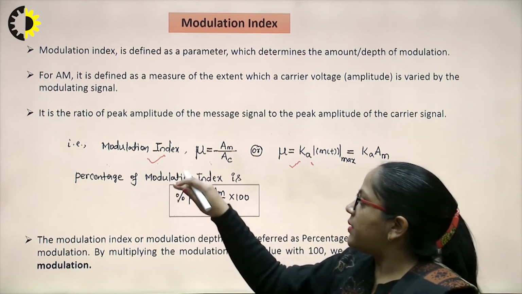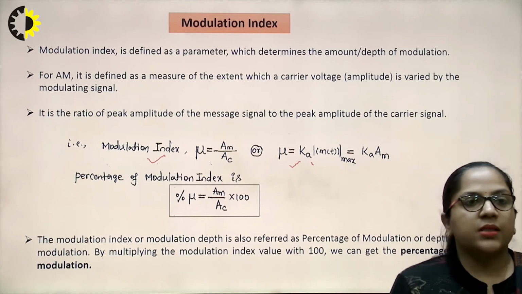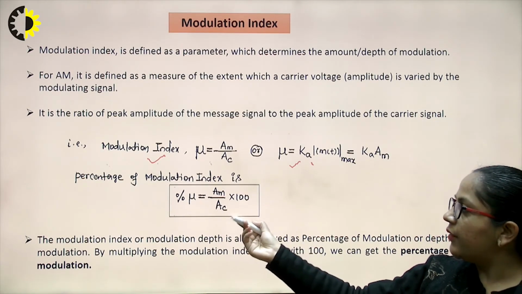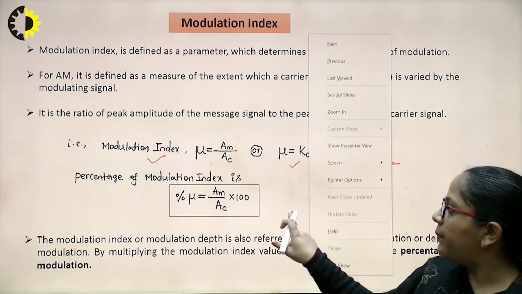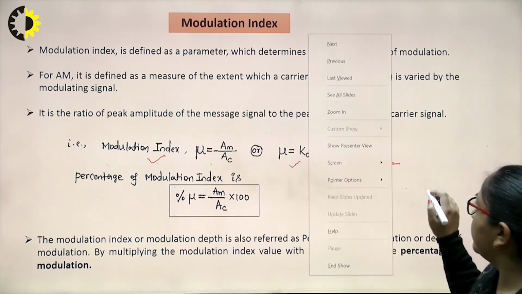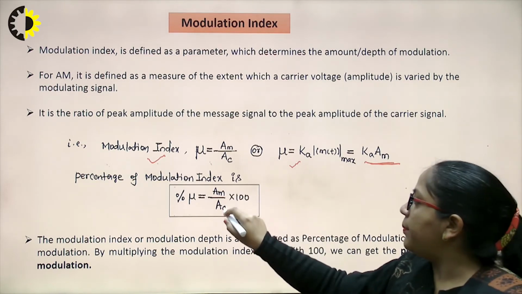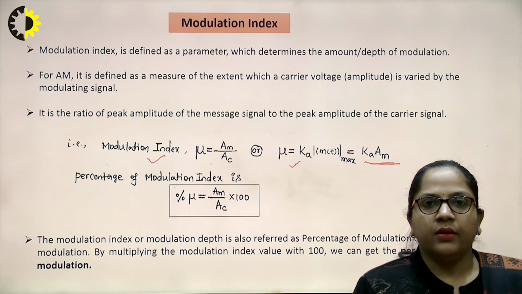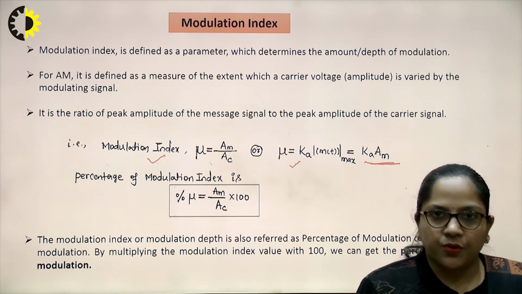The next thing is percentage of modulation index. What is the percentage of modulation index? We can calculate it simply by multiplying the ratio of Am by Ac into 100. We generally define the modulation index in terms of percentage.